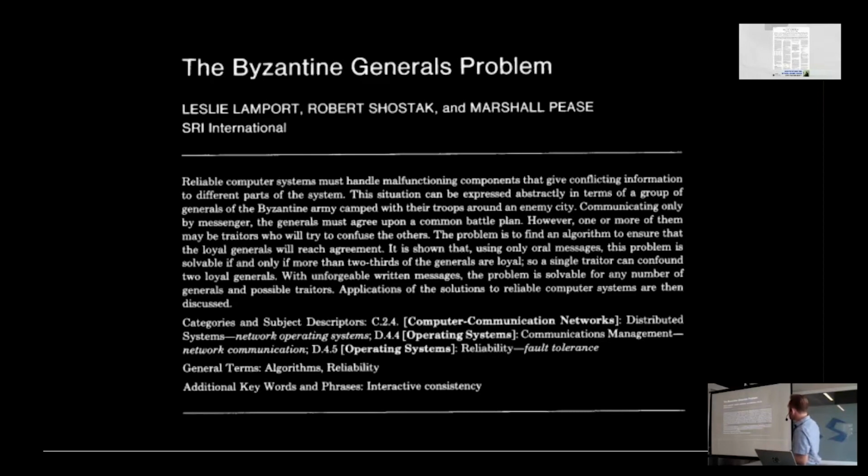And so the problem with the Byzantine Generals problem is that you can give conflicting messages. And so let's say you have, instead of 6 generals, let's say you have 3 generals. And you have 1 general that wants to attack, and you have 1 general that wants to retreat. The 3rd general can be mischievous, and he can tell the general that wants to attack, hey, let's attack tomorrow.